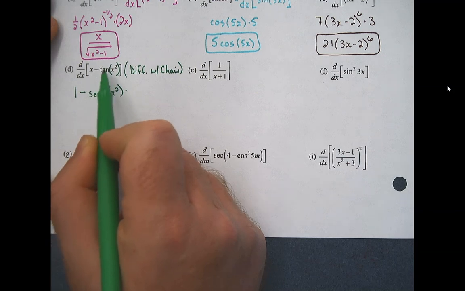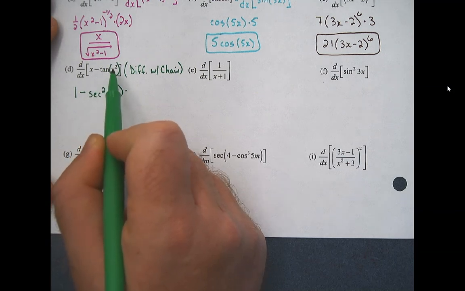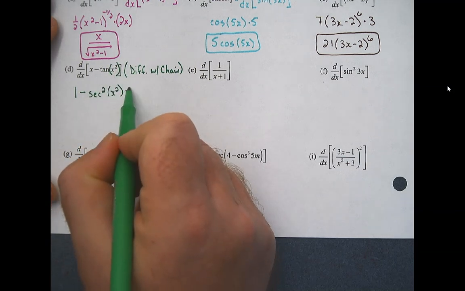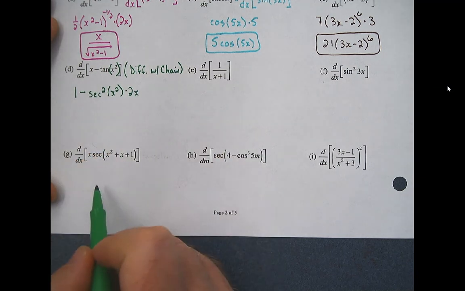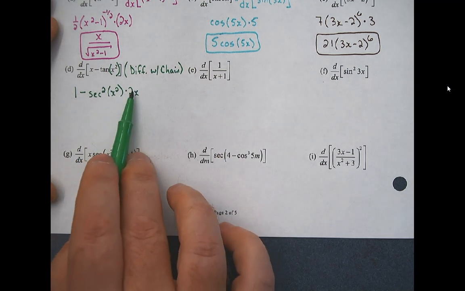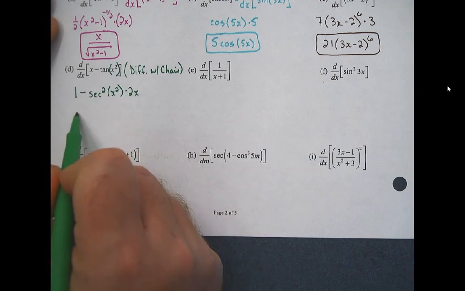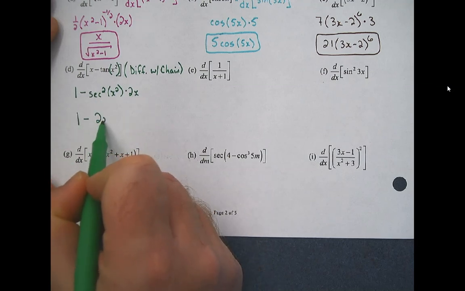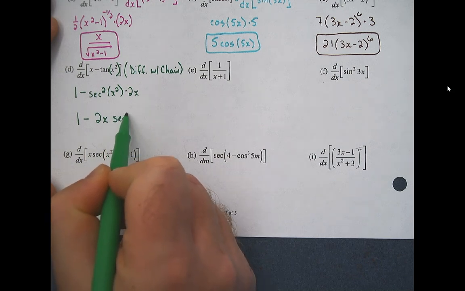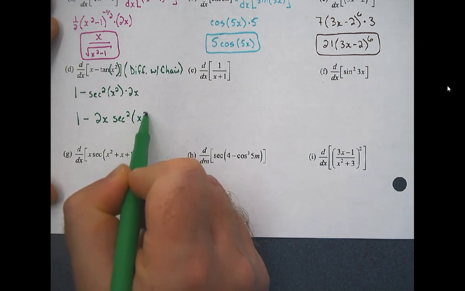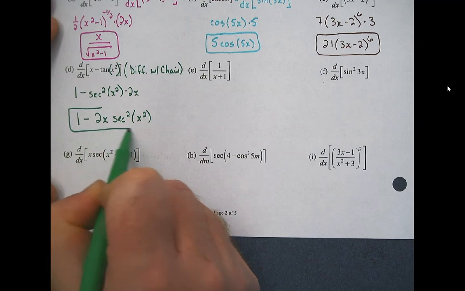In a sense, you could cross this out or just not think about it. And we still need to derive x squared. The derivative of x squared is 2x. And generally, we like to push anything that's not trig to the front of that trig term. So I would have 1 minus 2x secant squared of x squared as my function.